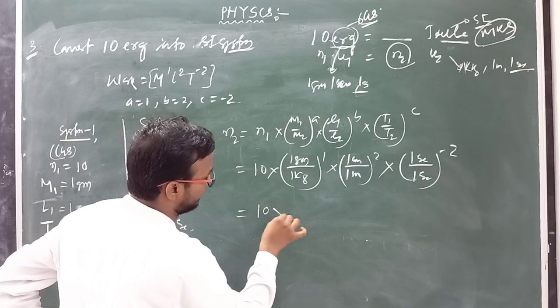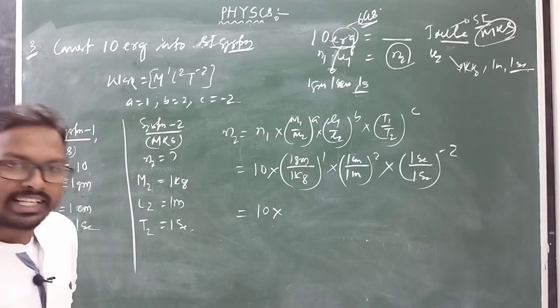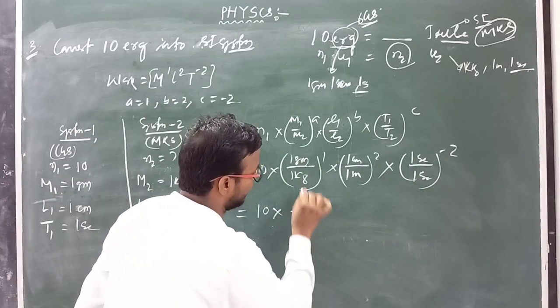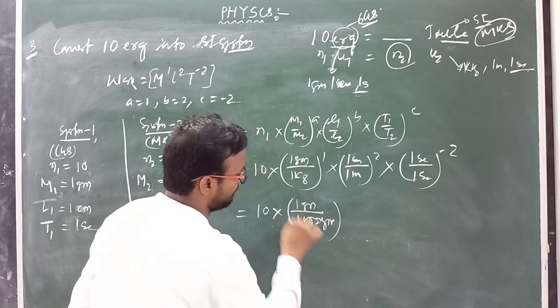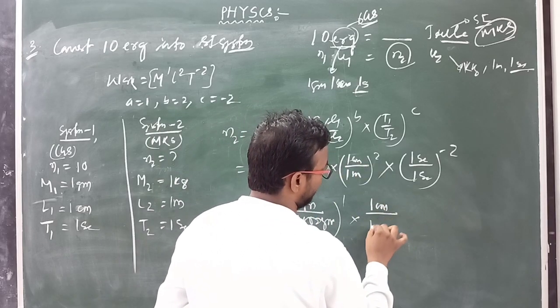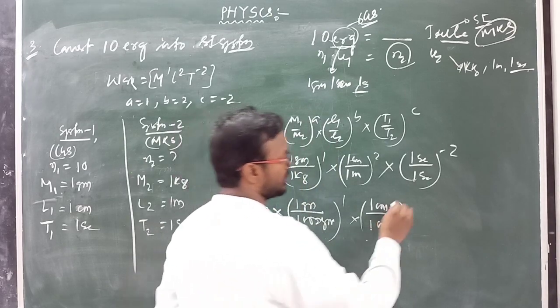So then we can write 10 into 1 gram, you have to convert gram into kilogram. So we can write 1 gram divided by 1 kg, or 1 by 1000, power 1. Similarly 1 centimeter divided by 100 centimeter, since 1 meter equal to 100 centimeter, but power 2.